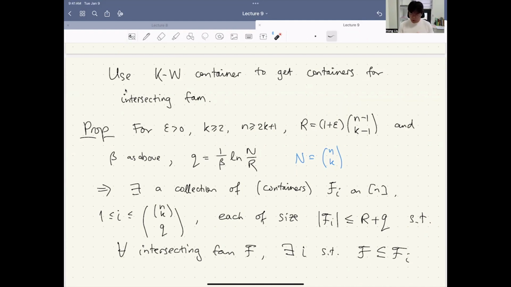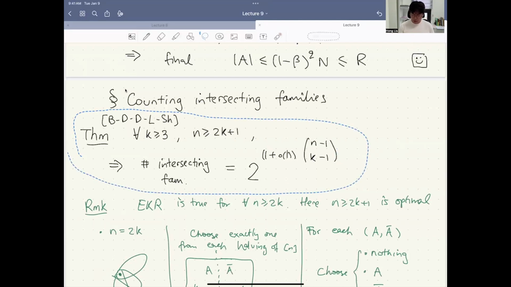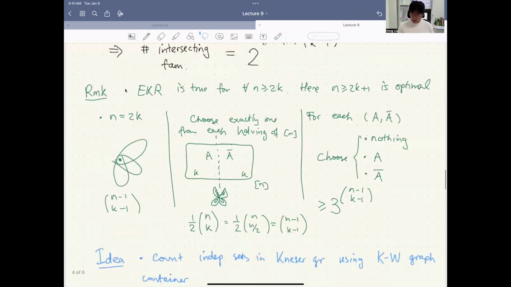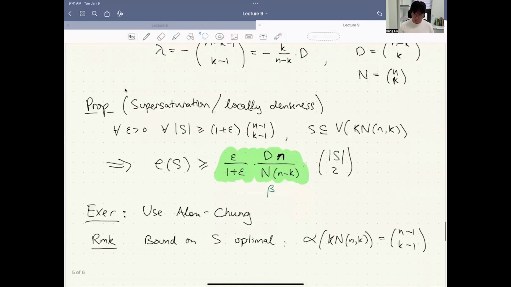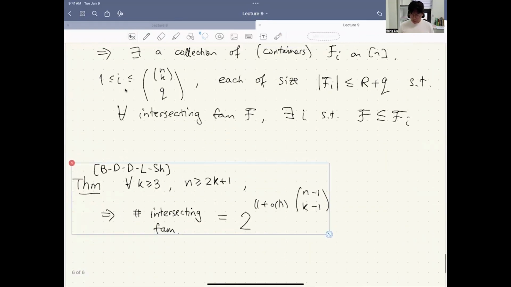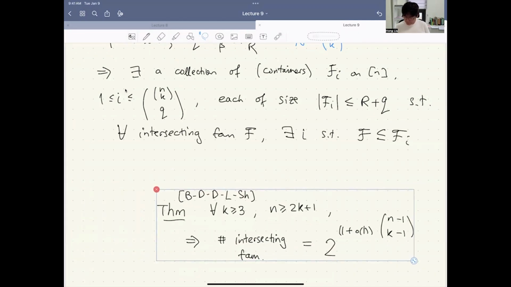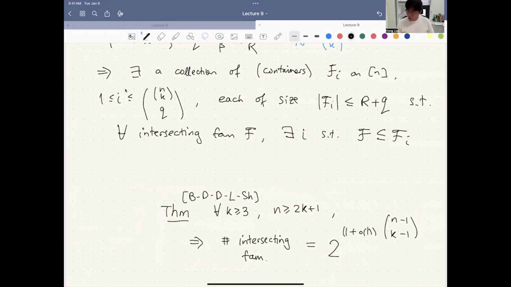Okay. And finally, to prove the counting result of the theorem, let me remind you the theorem. Okay. Now, good.